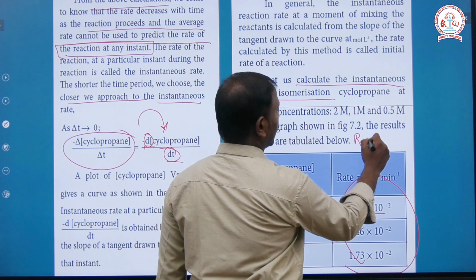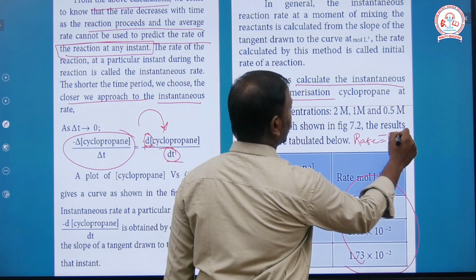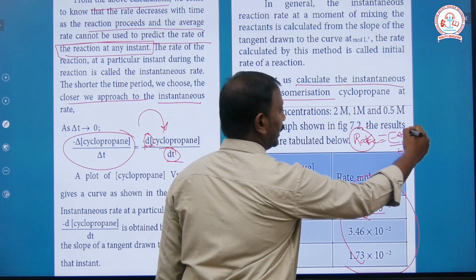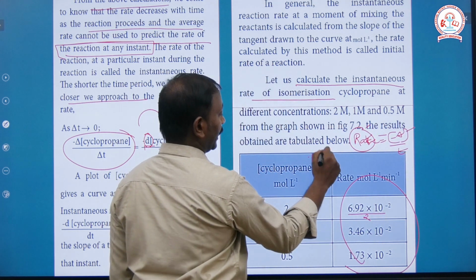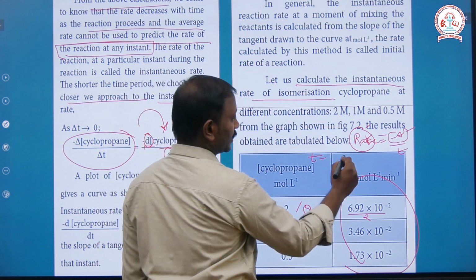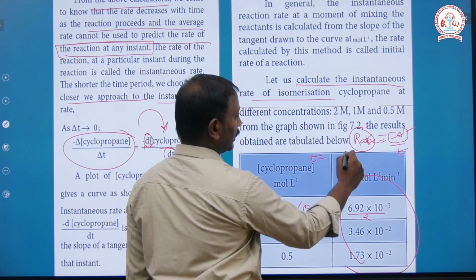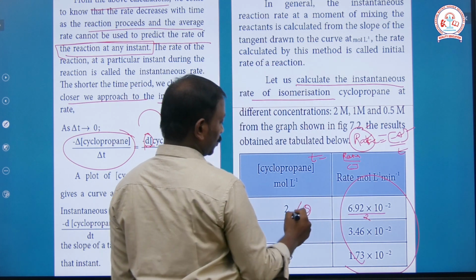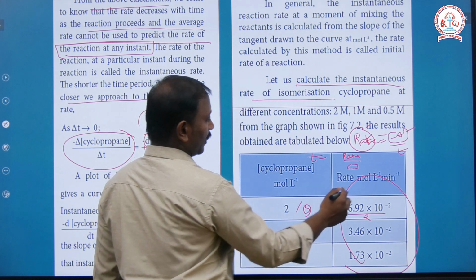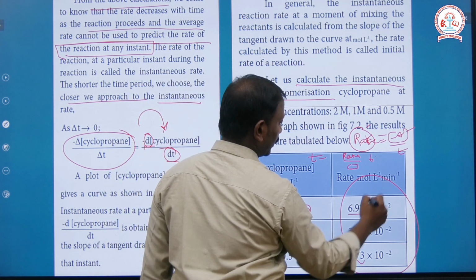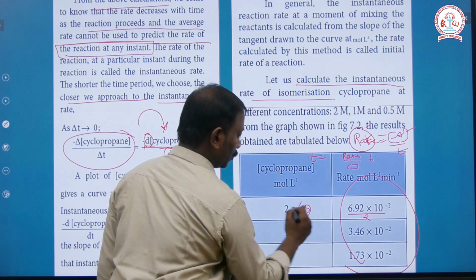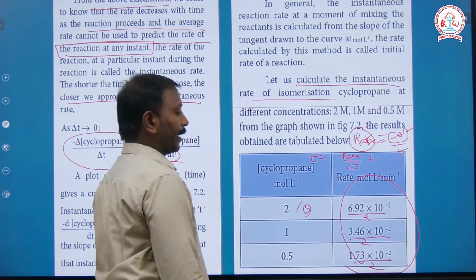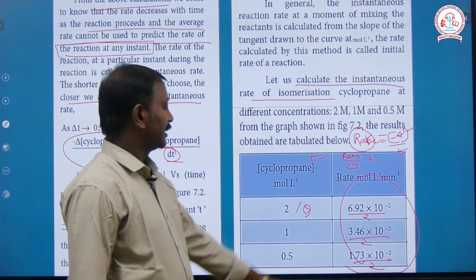Rate of the reaction is equal to the concentration of the reactants divided by time. If we have the rate and the concentration, we can find the time t. So the rate of the reaction is 6.92 divided by 2, and we get the same value.